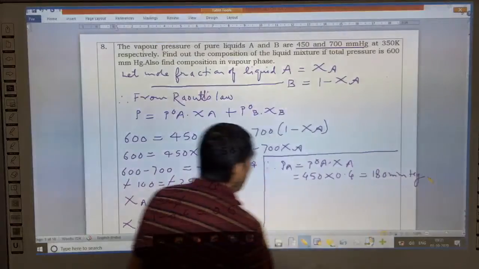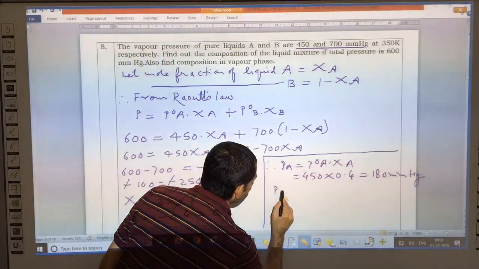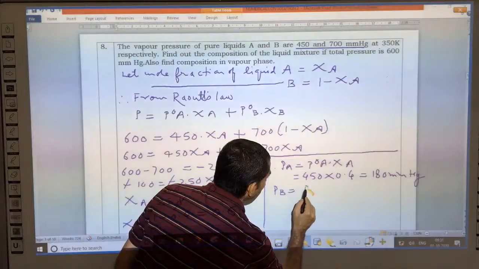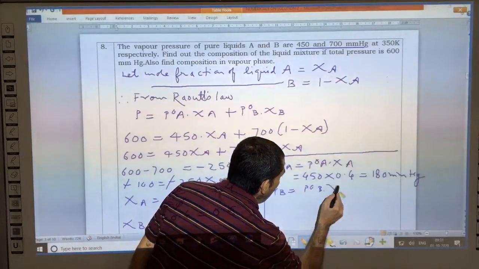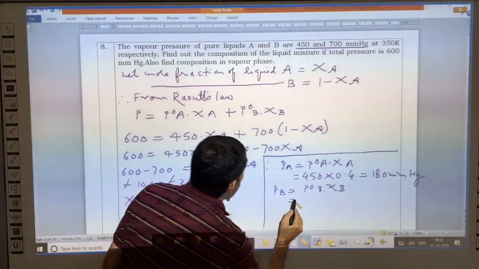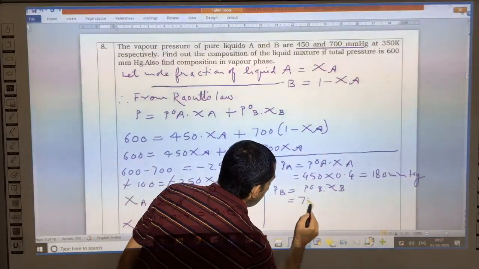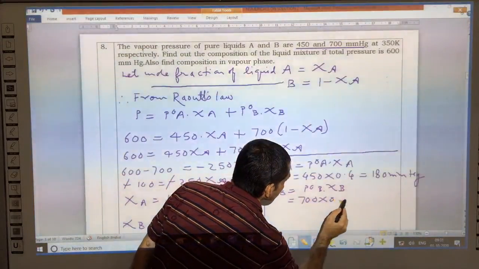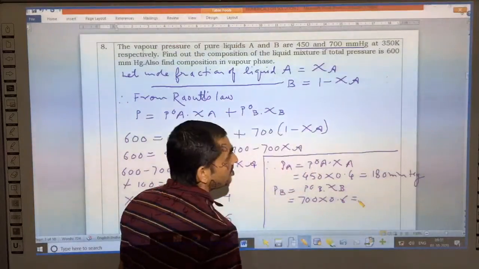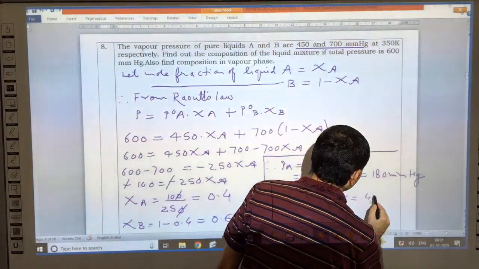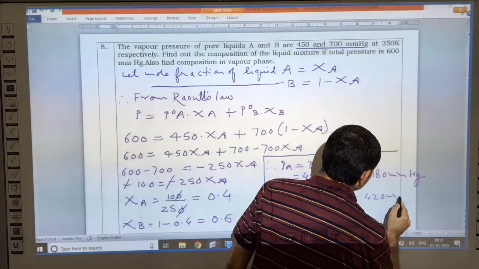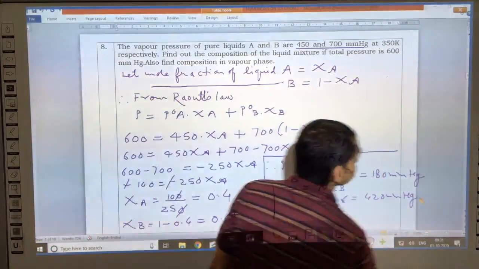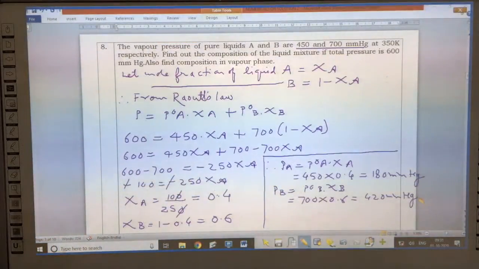Similarly, PB, partial pressure of component B, will be equal to P naught B XB. P naught B is 700 multiplied by mole fraction 0.6. This will be equal to 420 mmHg. Clear? We have calculated partial pressure of both components, partial pressure of A and partial pressure of B.